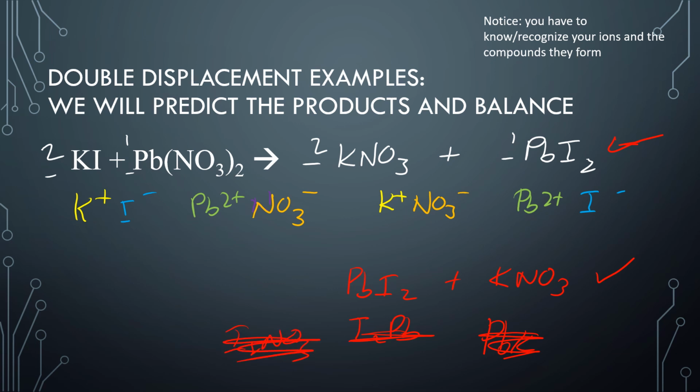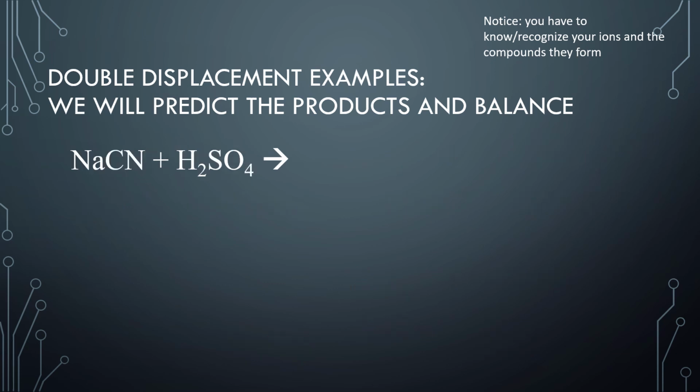No two negatives. Okay? So Na plus CN minus, H plus, SO4 2 minus. So my first product is going to be, I'm going to keep my cations in the same place.